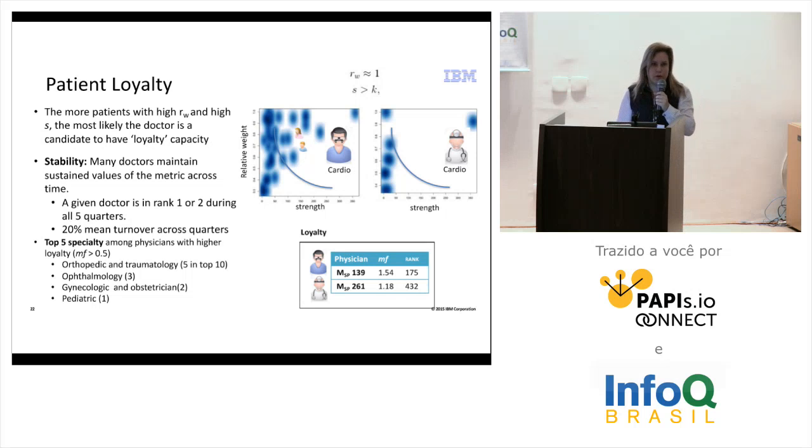Of course, if you broke your leg or something. We also have pediatrician, gynecologist, obstetrician, and ophthalmologist. Of course, if this metric is applied over a larger time, probably the results will be better. For a given doctor in rank 1 or 2 across all quartiles, we have more or less 20% mean turnover across the quartiles.